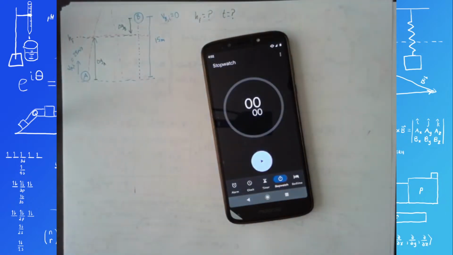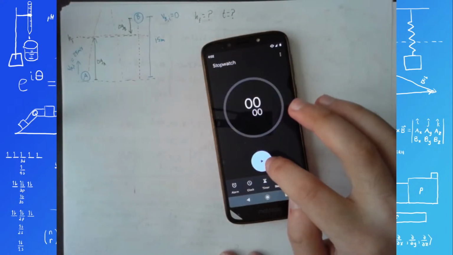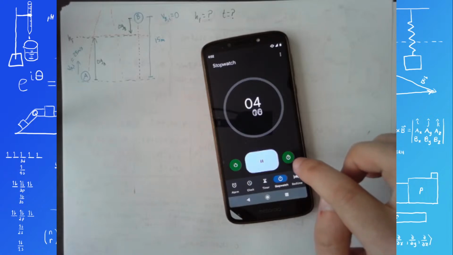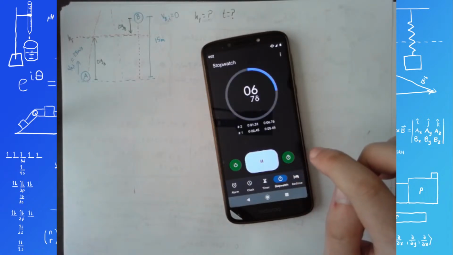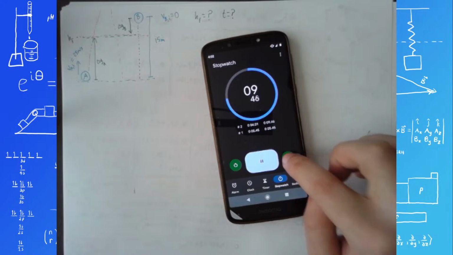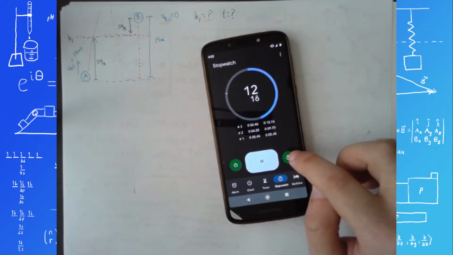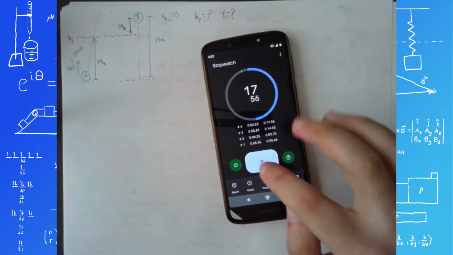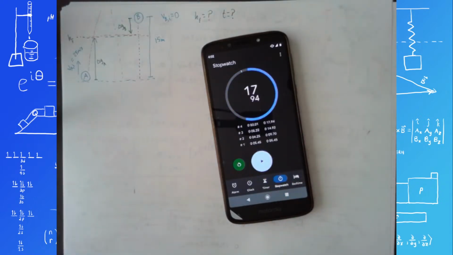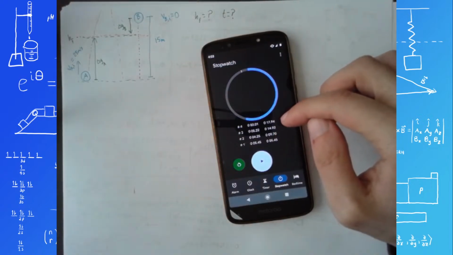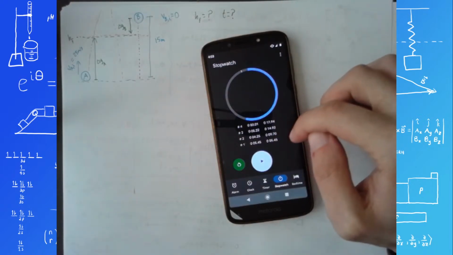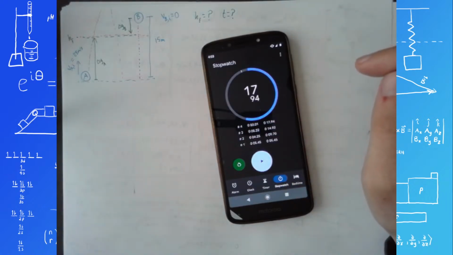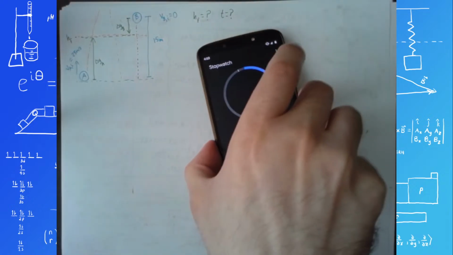So here's a stopwatch, and if I run it, I can do splits. So you see that the timer just keeps on running like that, so that's what I would call a split timer. I've got the split times on the right, and the individual durations between the splits on the left. Nice. I've never actually used this on my phone for anything before.